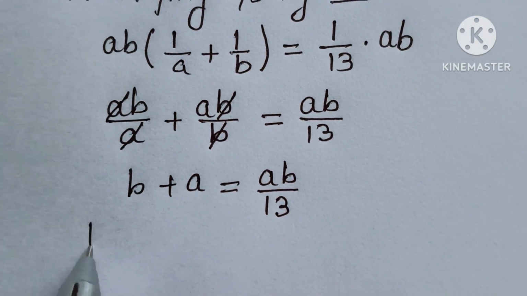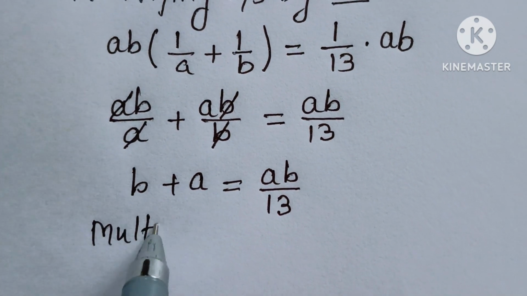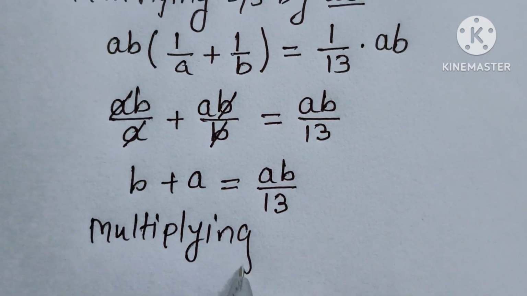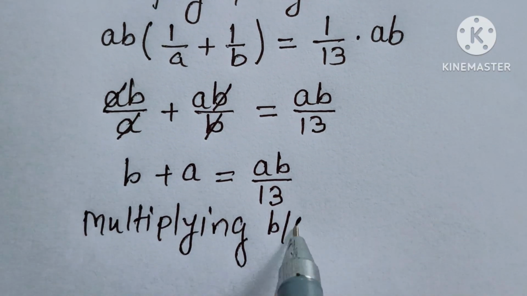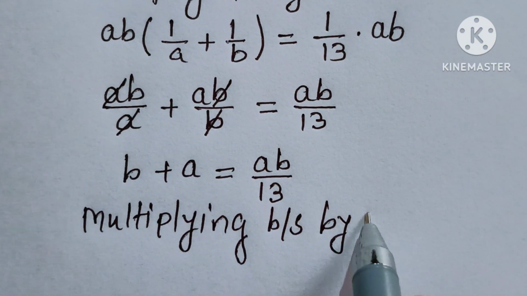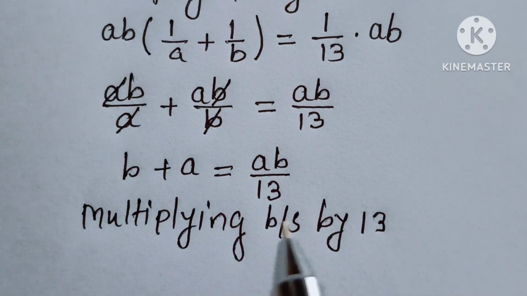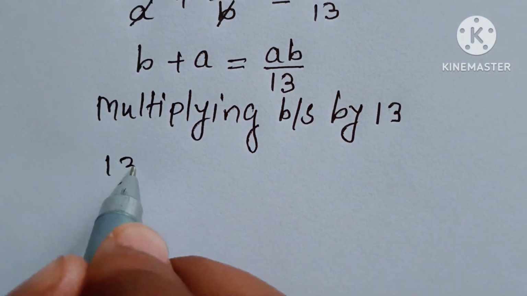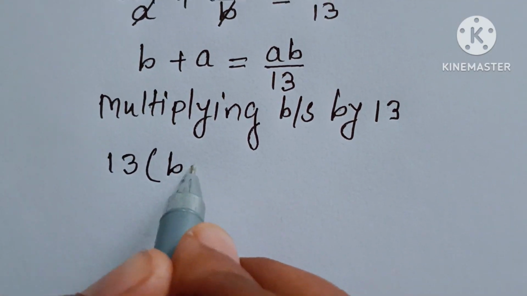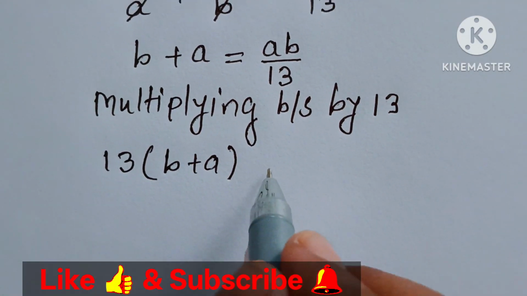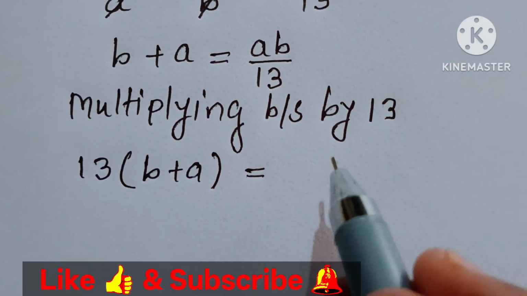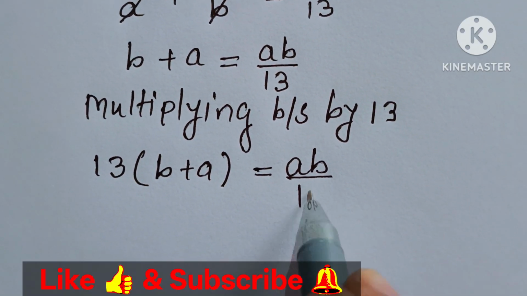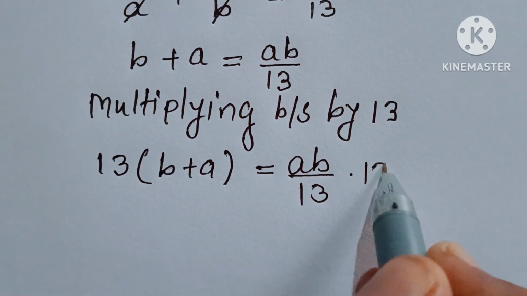Multiplying both sides by 13, we get 13 in bracket B plus A equal to AB divided by 13 into 13.